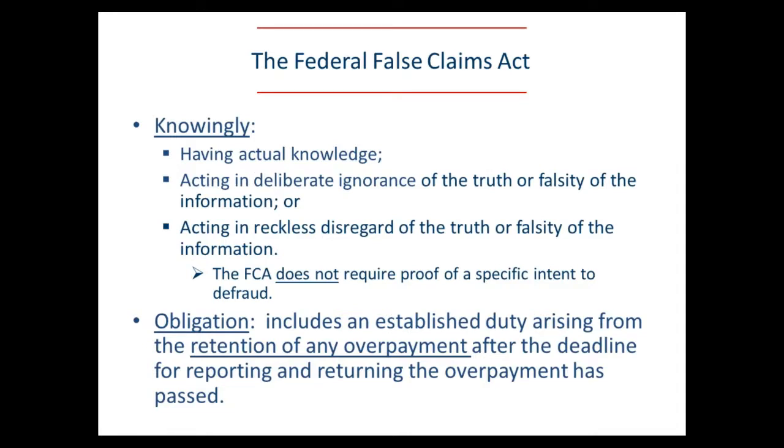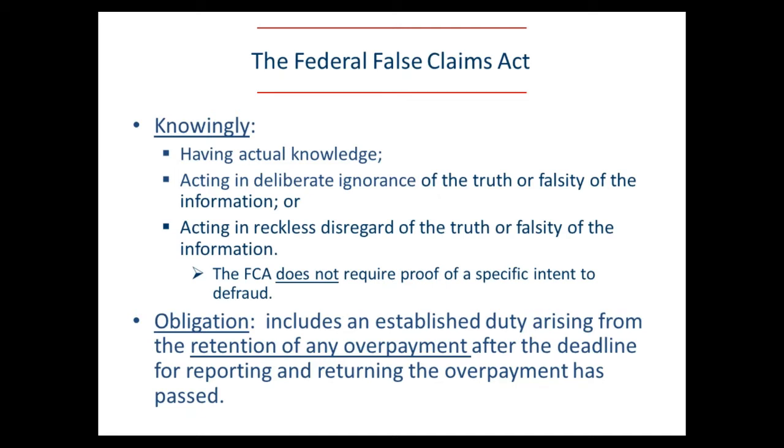So what does it mean to satisfy the knowingly criteria? That means having actual knowledge or acting in deliberate ignorance of the truth or acting in reckless disregard of the truth. One thing that's important to note is that the False Claims Act does not require proof of a specific intent to defraud. One of the other terms we mentioned was obligation.